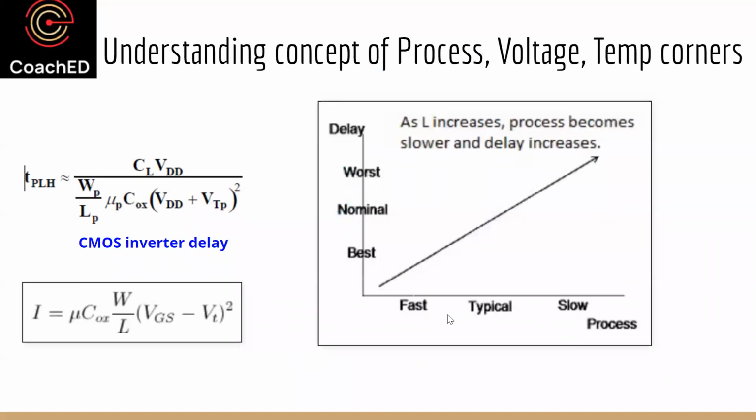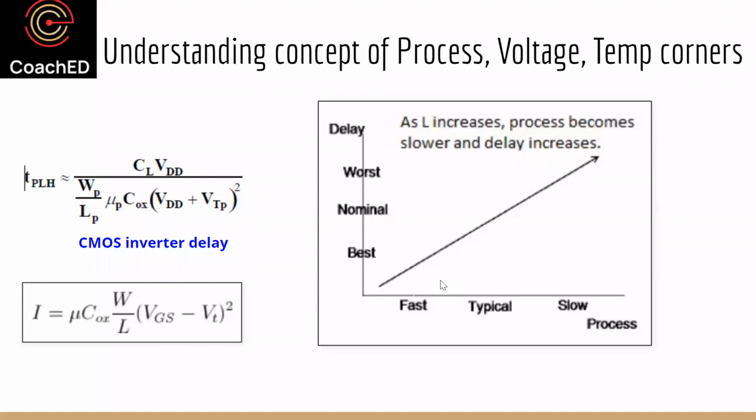And for temperature, there are 2 points, 0C and 100C. So how many combinations? 2 temperatures multiplied by 3 voltages is 6, multiplied by 3 process points, so 6 into 3, which means you need to run somewhere around 18 simulations to be able to reliably say that the circuit works properly or is meeting the spec.